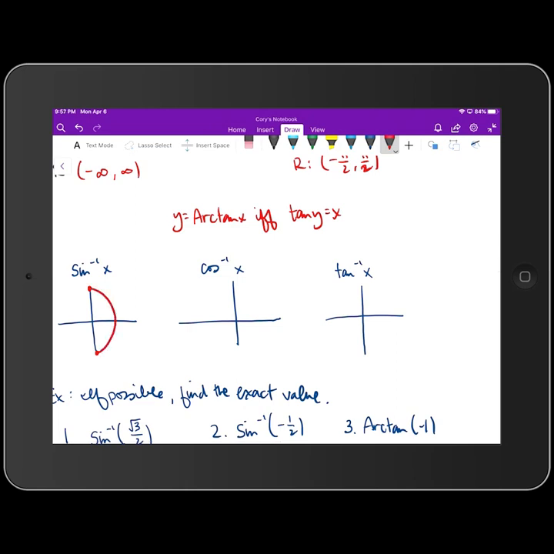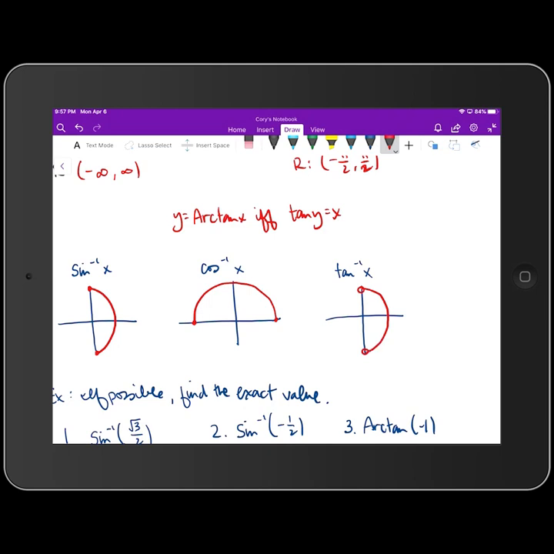The outputs for inverse cosine, we said, had to be between 0 and pi. So I want you to remember this graph here. And then the outputs for inverse tangent have to be between negative pi over 2 and pi over 2. So this is negative pi over 2. That's pi over 2. And I want you to remember that graph for inverse tangent.